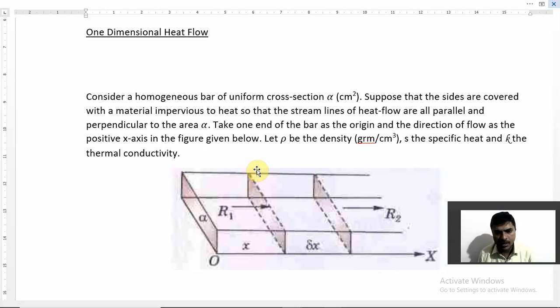Take one end of the bar as the origin and the direction of the flow as the positive x-axis, as in the figure given below. Let rho be the density in grams per centimeter cube, S the specific heat, and K the thermal conductivity. So this is what they have given. This is the explanation you have to write in your own words.